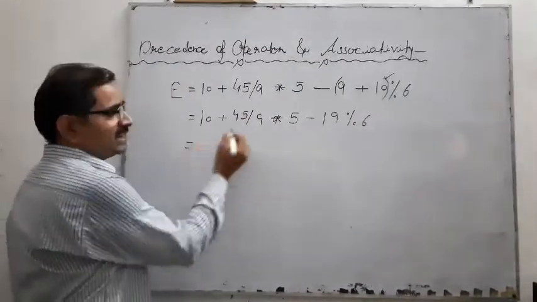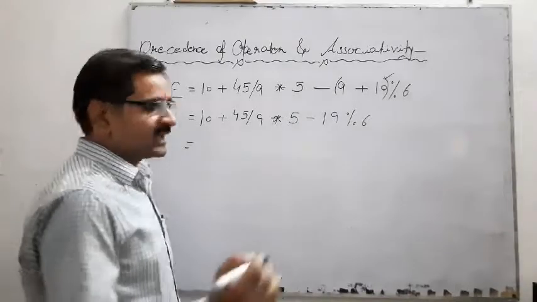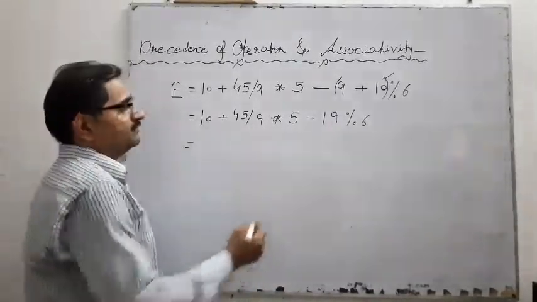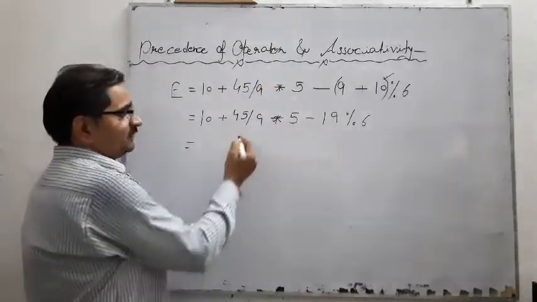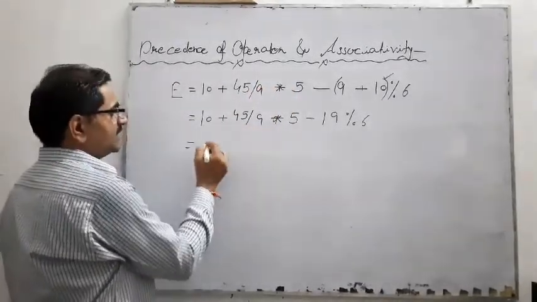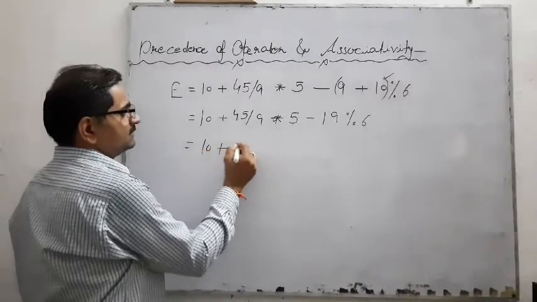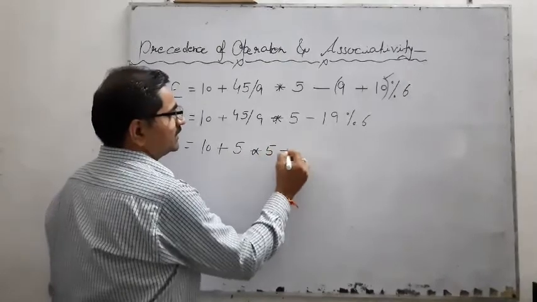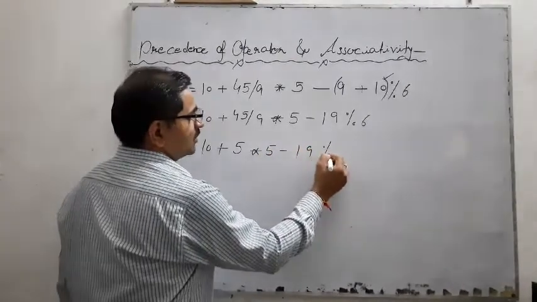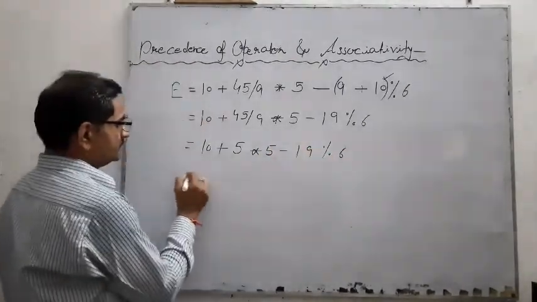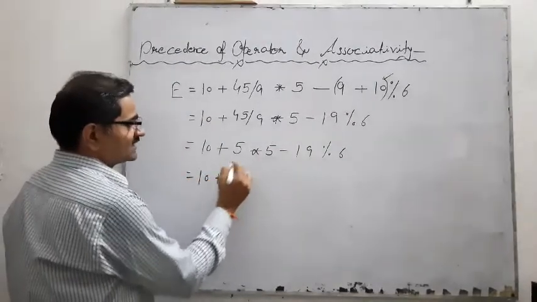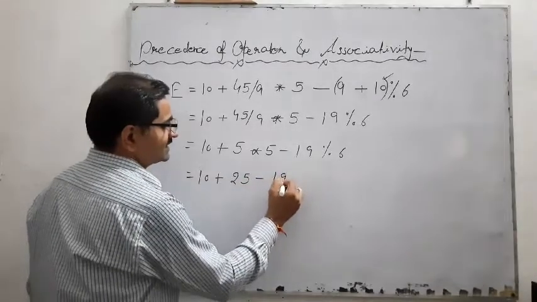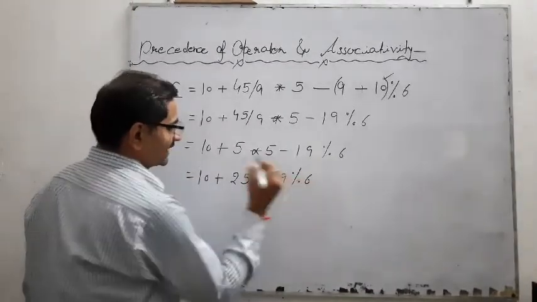Now here we have only arithmetic operators. The priority of division and mod is the same, so we go through the associativity and first we get division. So the expression becomes 10 + 5 * 5 - 19 mod 6. Now 10 + 5 into 5 is 25, minus 19 mod 6.